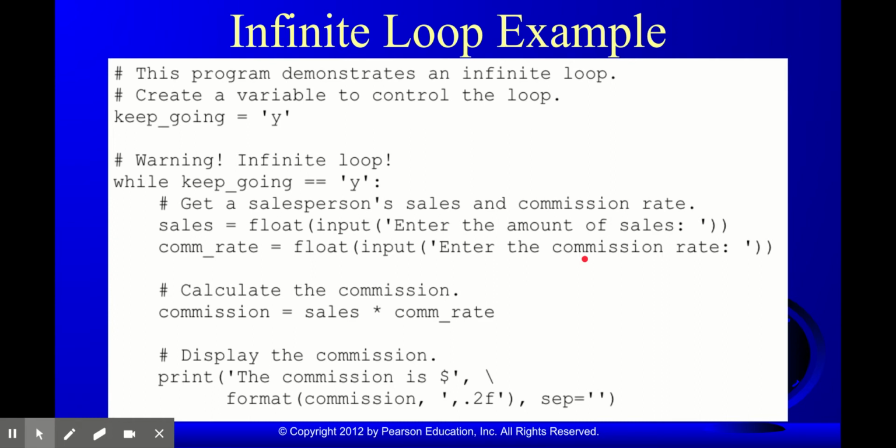The issue sometimes is with infinite loops. So this is an infinite loop, because while this keeps going, you set the initial condition as yes, so it initially enters this.